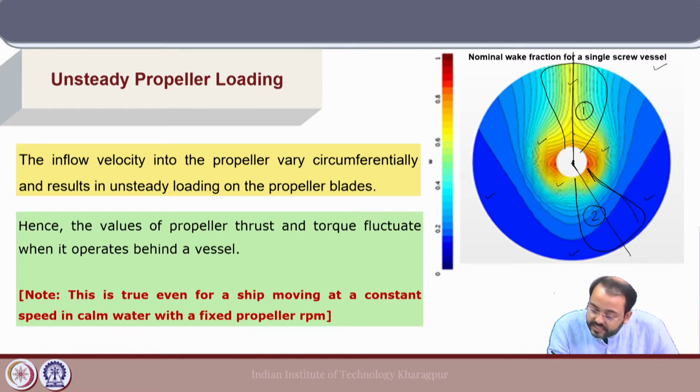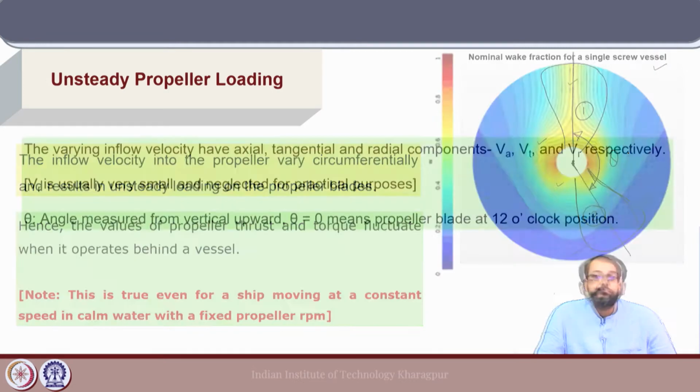So, this is the change in the angle theta between the two positions, and due to this there will be fluctuations in the thrust and torque as the inflow velocity changes into the propeller disc, and we will see later that these fluctuations are higher for propellers which are on inclined shafts, because the shaft inclination also results in additional changes in the velocity over the entire propeller disc.